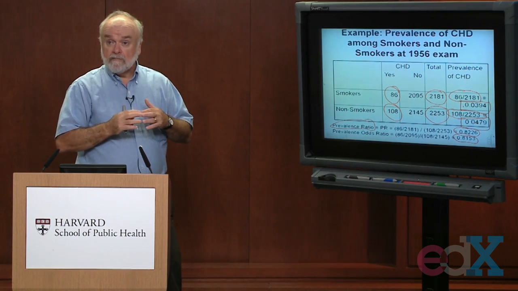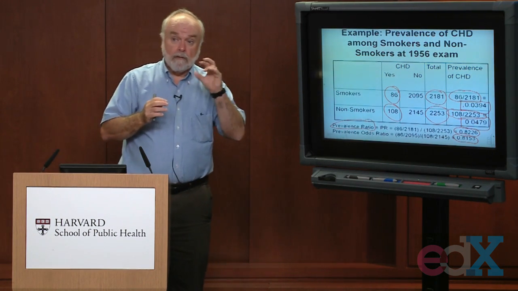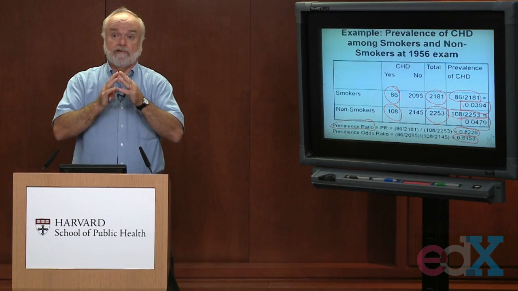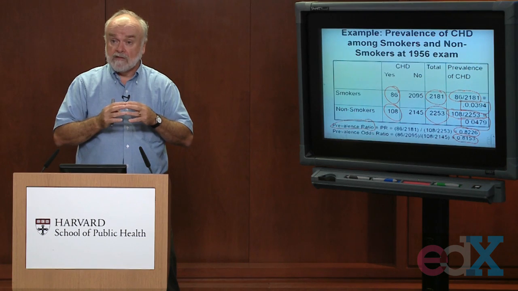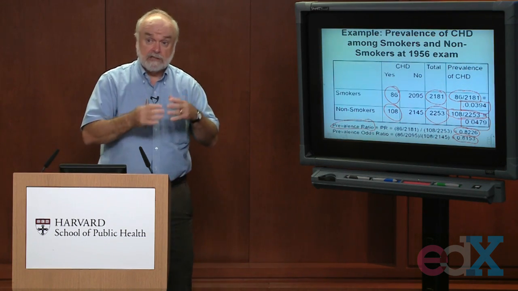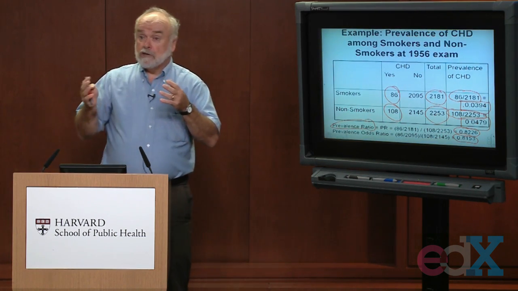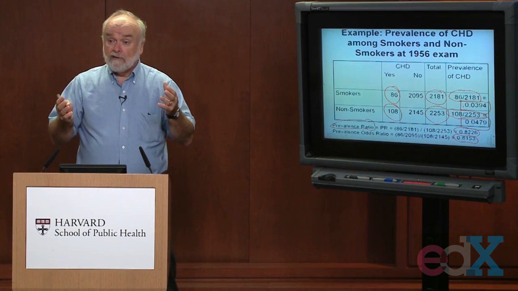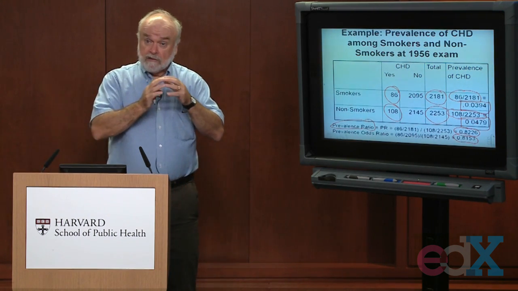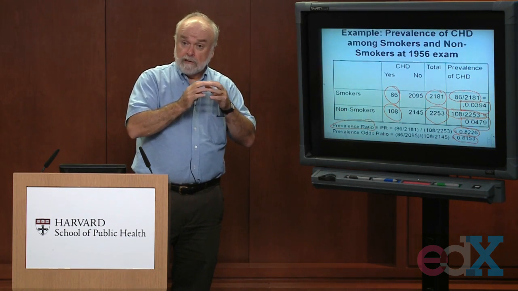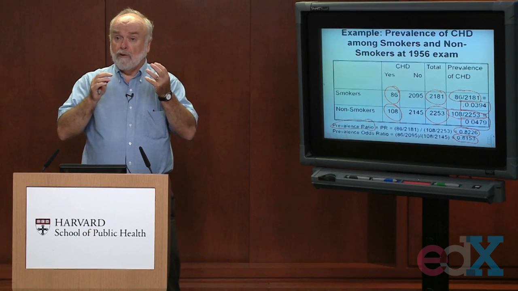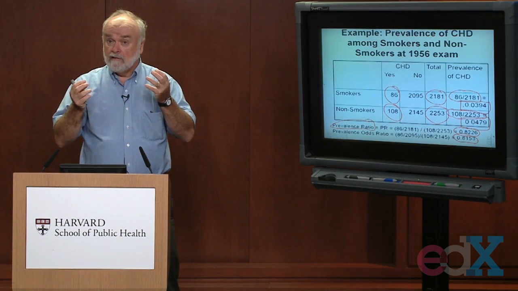Why are they giving me similar results? Because remember, going back to the earlier part of this course, when we first talked about proportions and odds, and that's what we're talking about in the bottom of this slide, a ratio of proportions, the prevalence ratio, or the ratio of odds, the prevalence odds ratio. I mentioned a few weeks ago that when you have a rare event, a small proportion, the value for the proportion is very similar to the value for the odds.